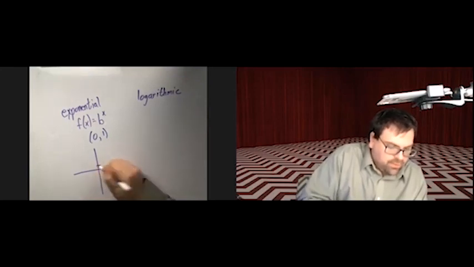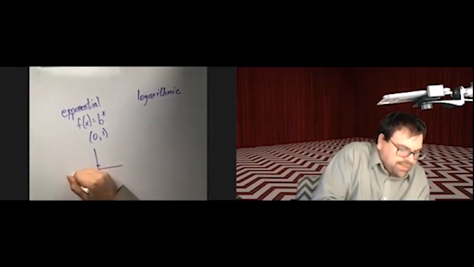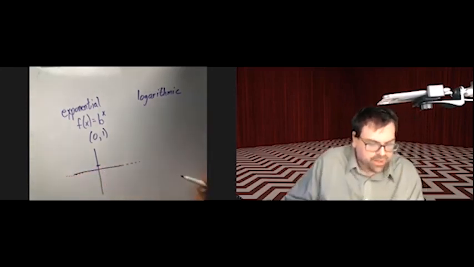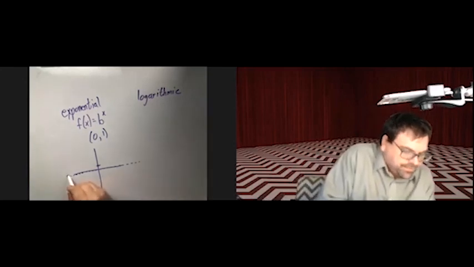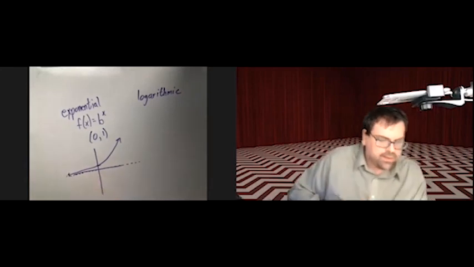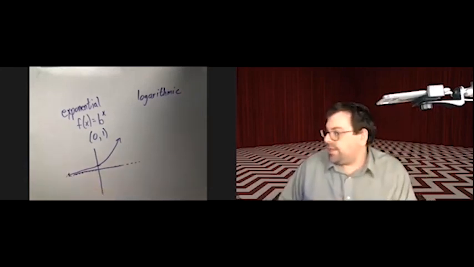It'll always have 0, 1. And it has a horizontal asymptote on the x-axis. So exponential functions look like that.